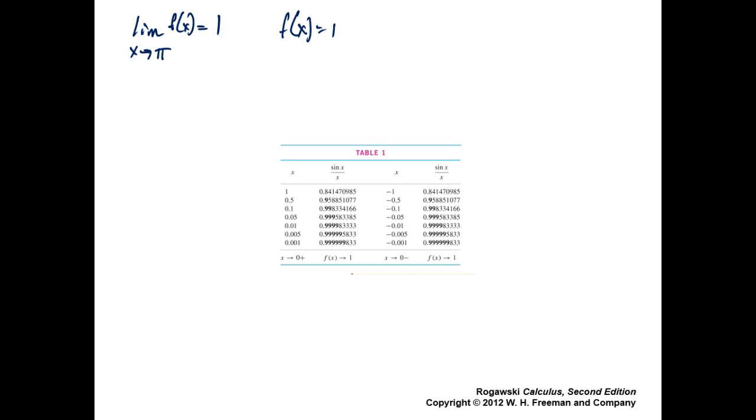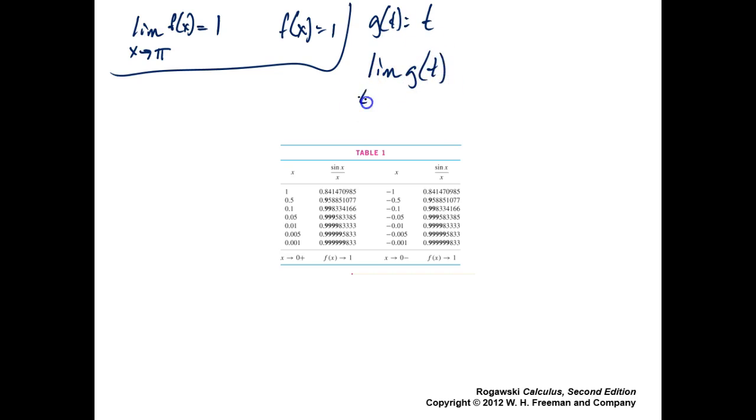What is the limit of g of t, where g of t is equal to t? So what's the limit of g of t as t approaches pi? What would that be?